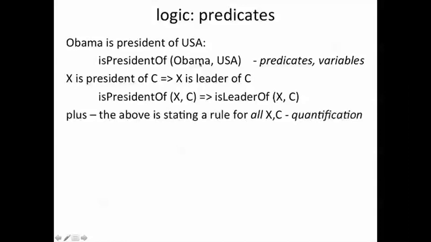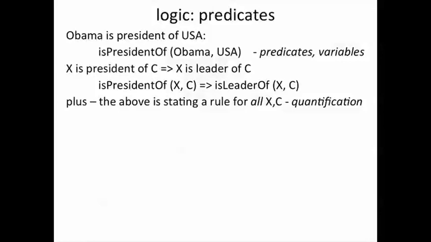It's a statement about all possible X's and C's that says if X and C are related by the predicate is president of, then they are also related by the predicate is leader of. So this particular feature of predicates and variables is called quantification, and that makes it significantly different from basic propositional logic. Still, the process of reasoning remains quite similar with a few modifications.